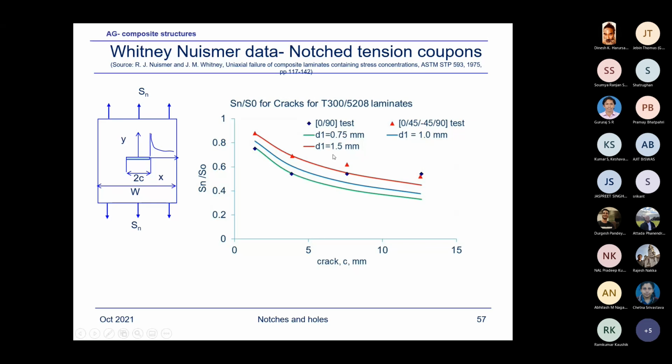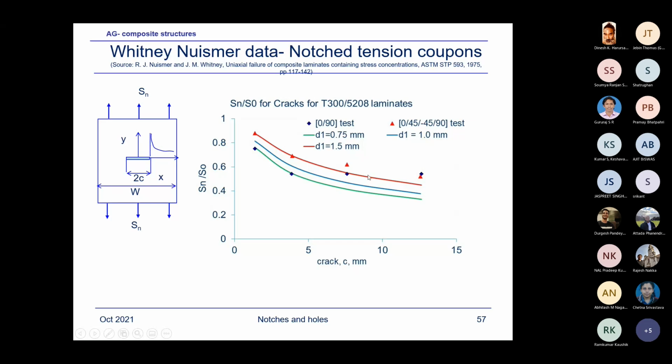Fitting the curve for different characteristic dimensions, as you can see, for D1 of 1.5, this fits over here, but over here it starts deviating. So it seems to me that as the crack length increases, you might have to use a different characteristic dimension, because it seems the same characteristic dimension doesn't fit the data set.